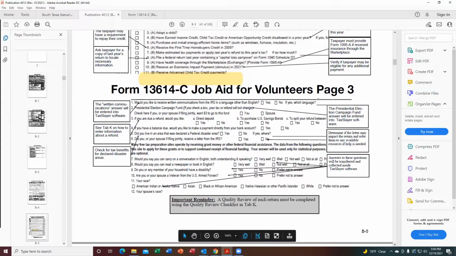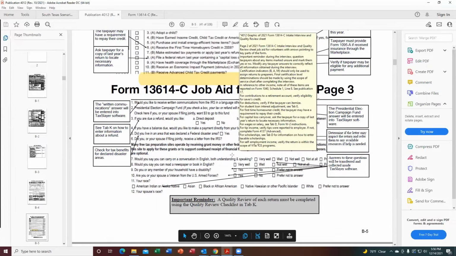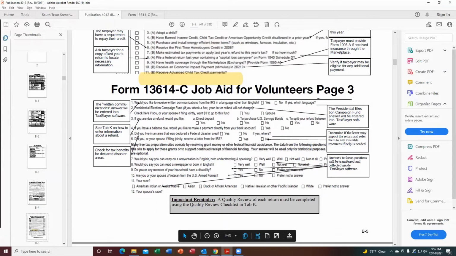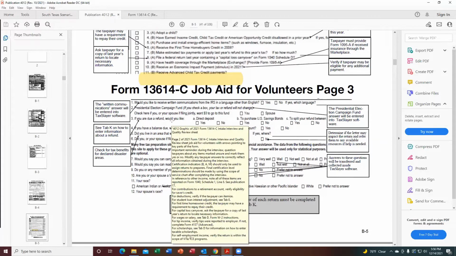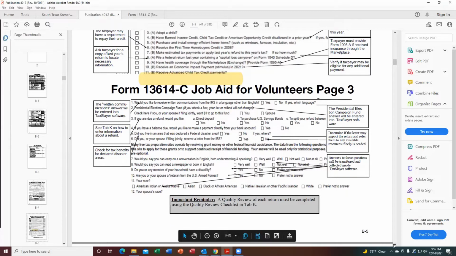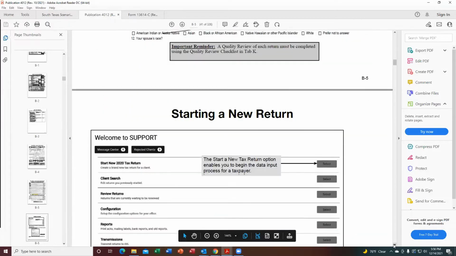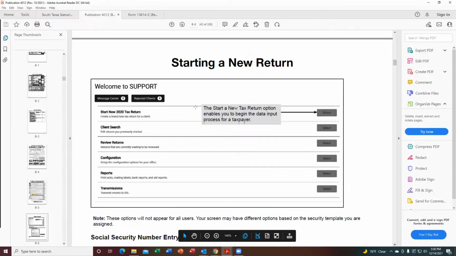And then you have all the other information that's part of the completion of the tax return, in particular the questions at the very end that gather information. And of course, some of the questions here are embedded as part of the processing of the return in TaxSlayer. And then here starts the new tax return.